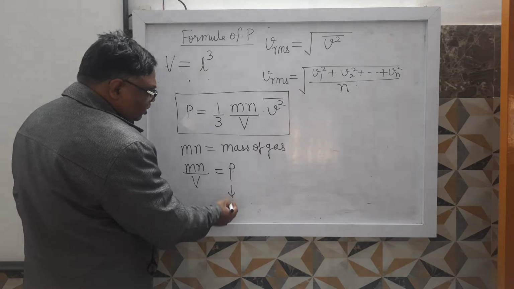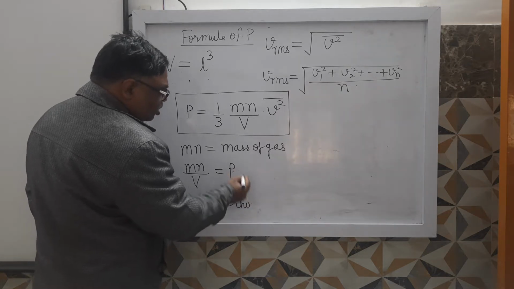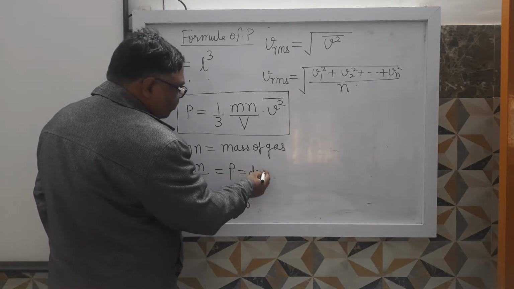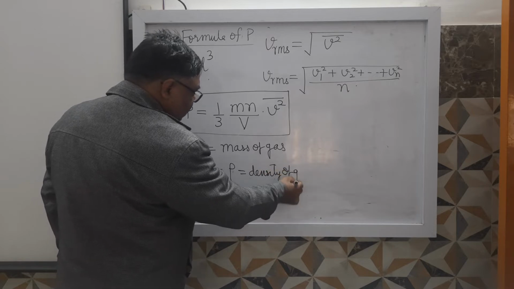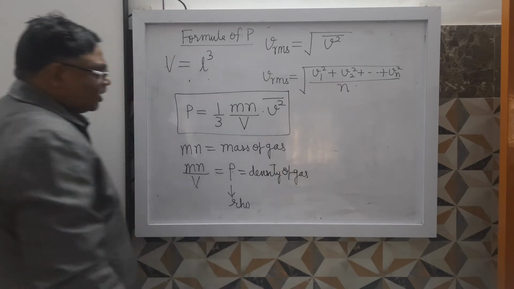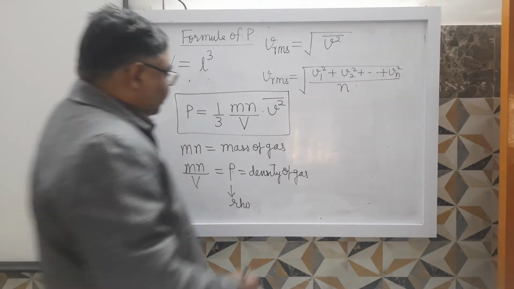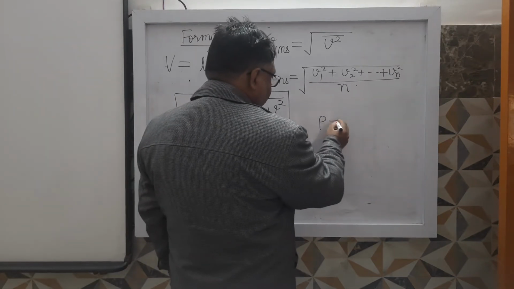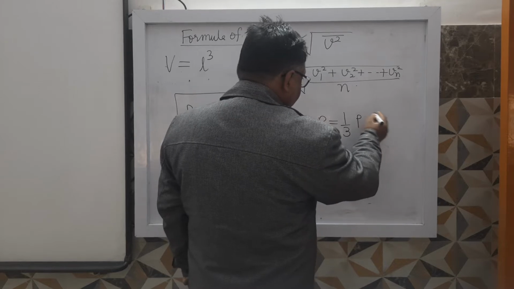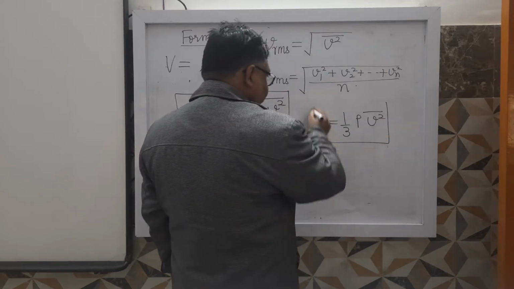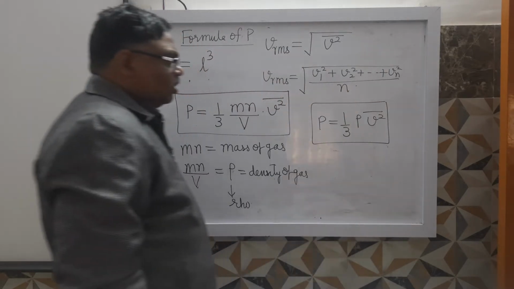This symbol is rho. This is the density of gas. It's clear? Density of gas. So this formula will become P equals 1 upon 3 rho V square bar. This is another formula. It's clear?